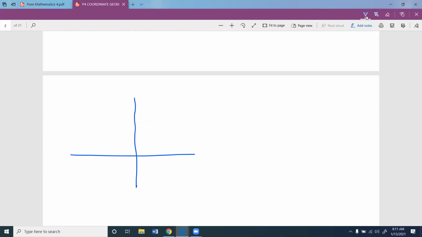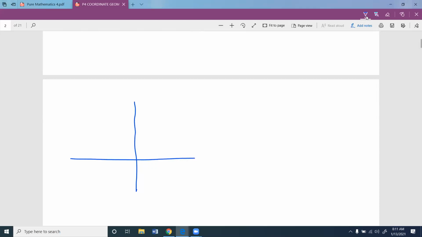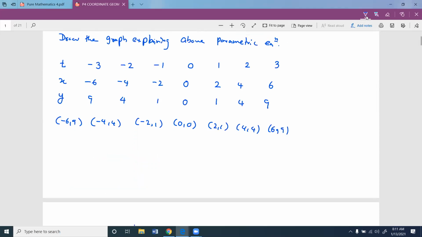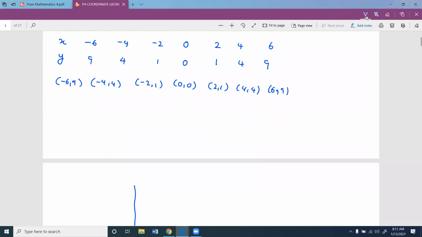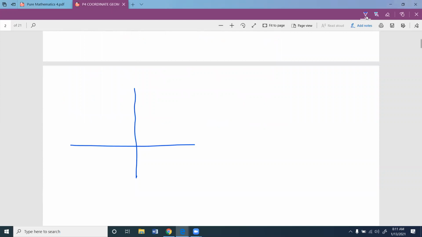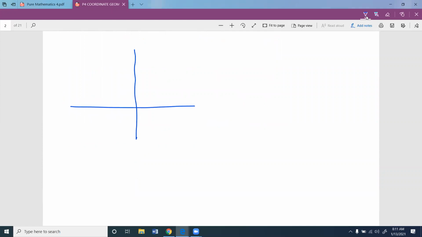You know the x value is varying from where to where? Minus 6 to plus 6. The y value is varying from 0 to 9. So you can get them this way around. Minus 1, minus 2, minus 3, minus 4, minus 5, minus 6. 1, 2, 3, 4, 5, 6.